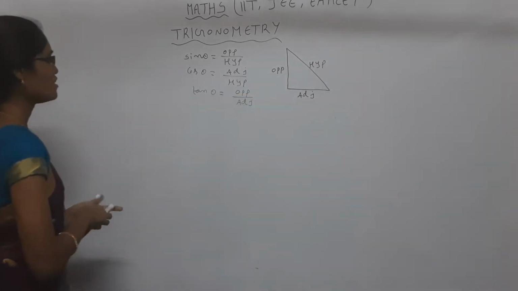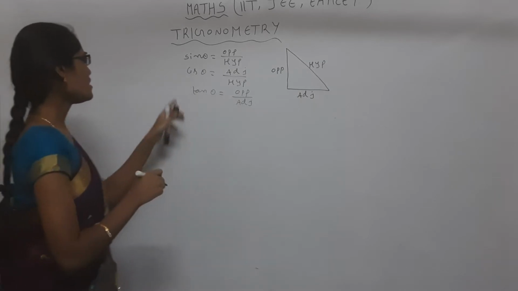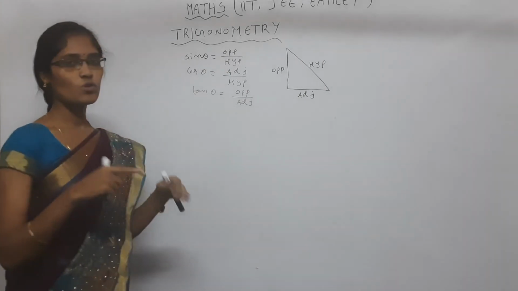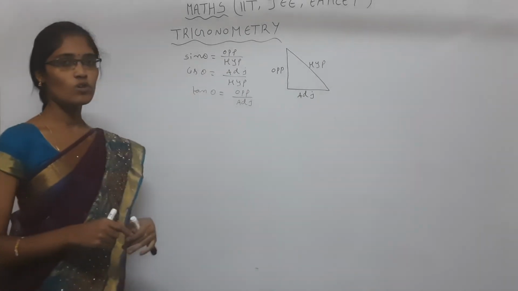Sin theta is the reciprocal of cosecant, cos is the reciprocal of secant, and tan is the reciprocal of cot.